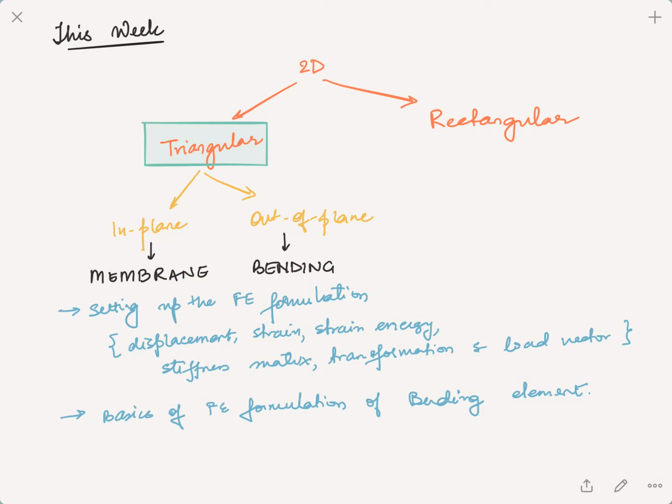Triangular two-dimensional elements themselves can be of two different types. For example, we know that if there is any kind of plate which is subjected to a certain kind of load, then at any point in the plate we will have certain components of displacements.